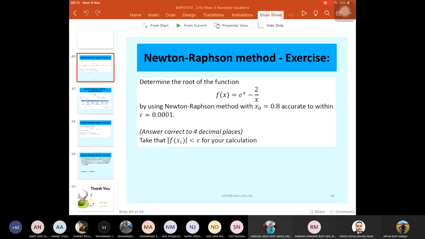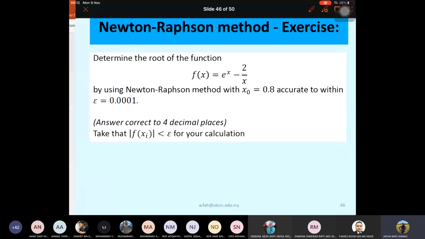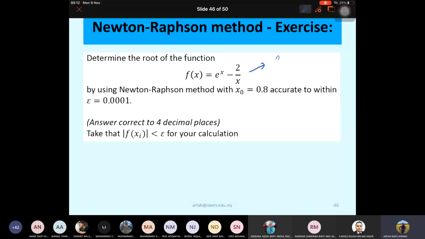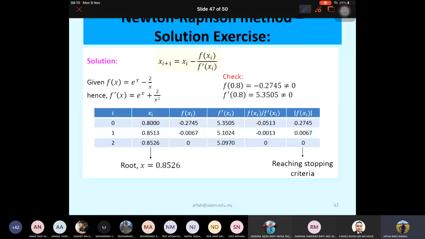Okay. So fx awak ini adalah sama dengan exponential x tolak 2x kuasa negatif 1. So dapatkan f prime x, bezakan exponent, still you get the exponential function. Yang ini akan jadi tambah 2x kuasa negatif 2. Okay. So ini adalah dia punya f prime x.